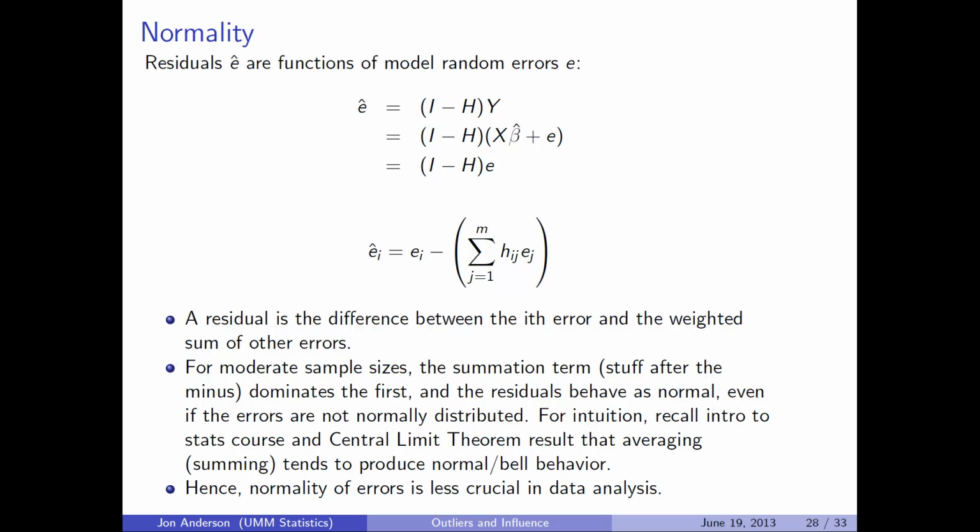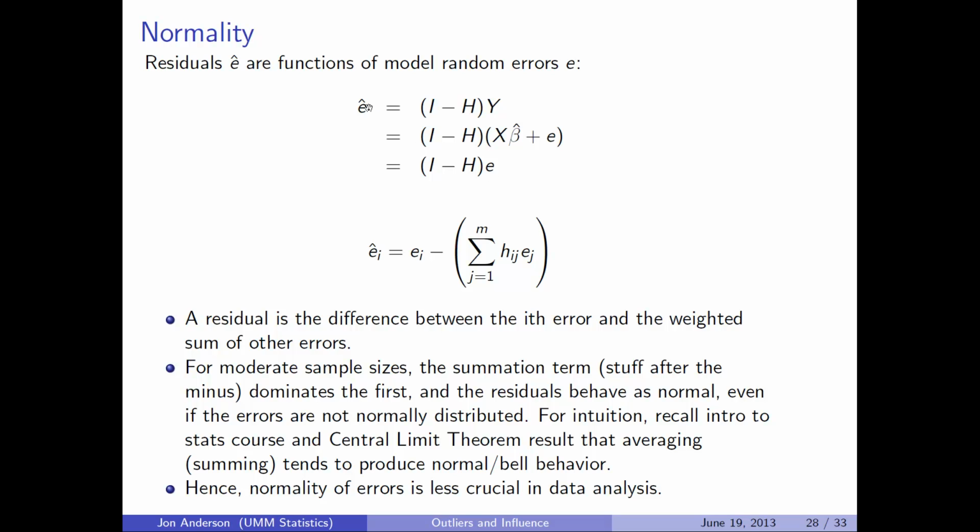Well, what I'm showing you here mathematically in the top of overhead 28 is that the residual vector is found by taking the identity matrix minus the hat matrix times the response values, and that just expresses the residuals as 1 minus the hat matrix, the projection matrix, times the random errors.